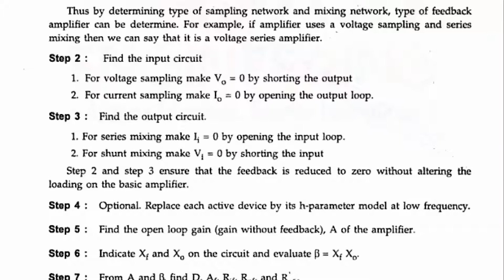For feedback, the feedback is from output to input, so the input to the feedback block will be the output signal, and the output of the beta network will be the feedback signal.